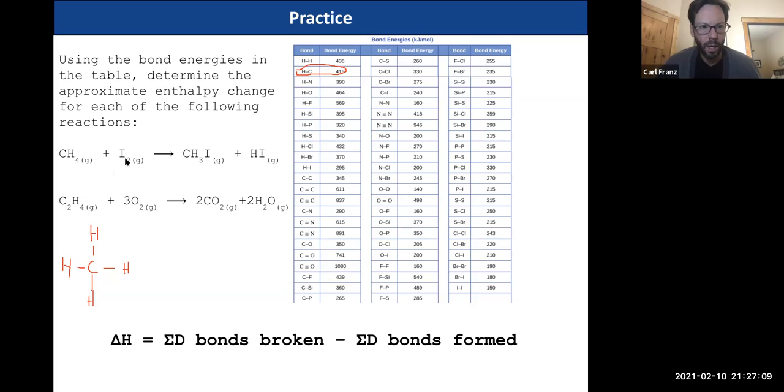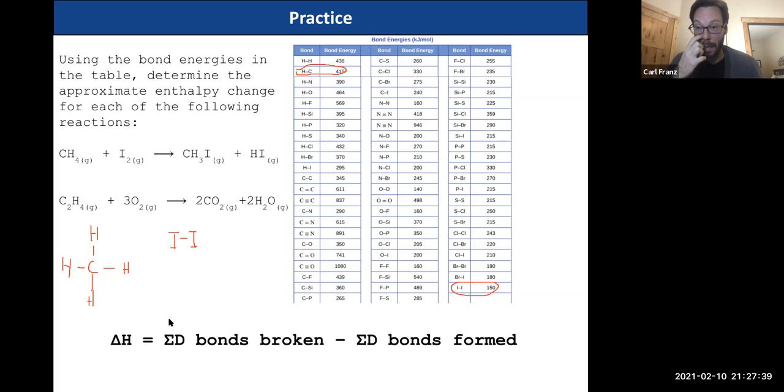And you look at I2, that's just a bond between 2 iodine atoms. And you say, well, where is that? Oh, that's here. 150 times 1, because there's just 1, right? And then do the same thing for the products. There would be 3 CH bonds and 1 CI bond, and then 1 HI bond.